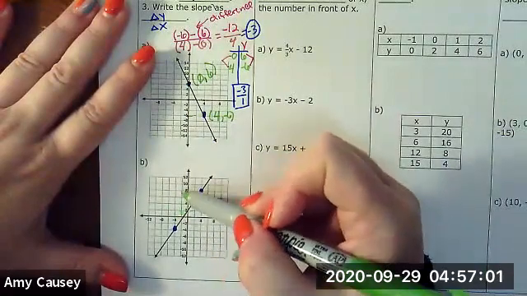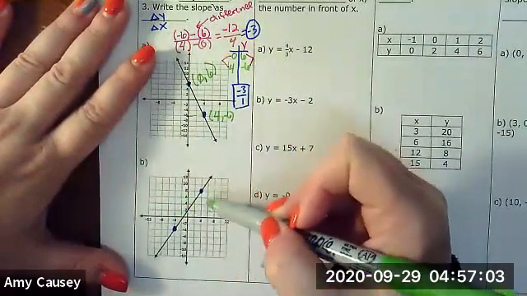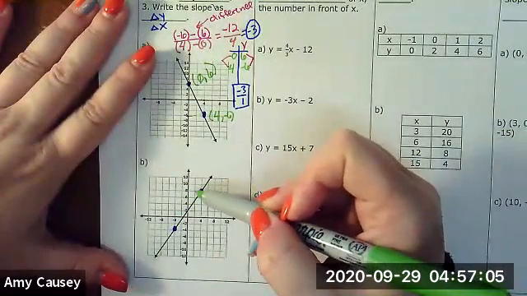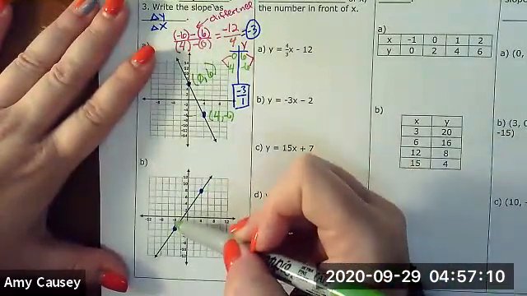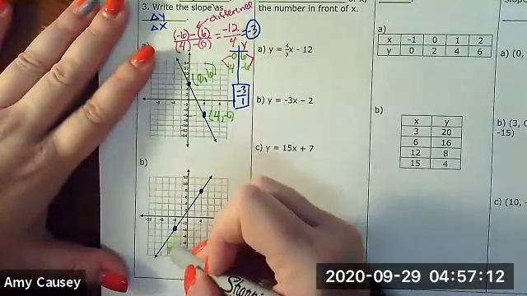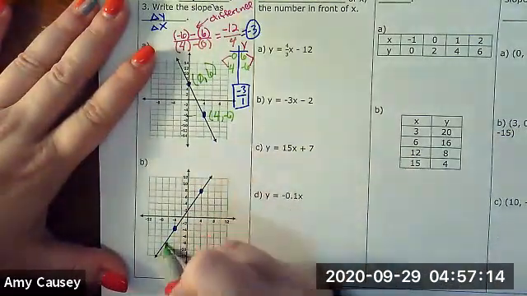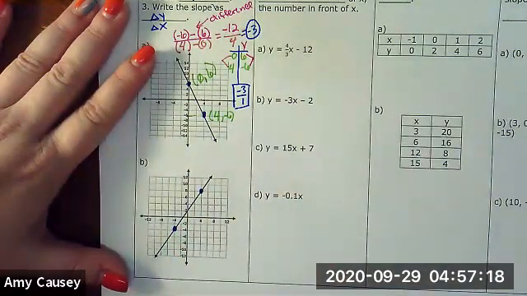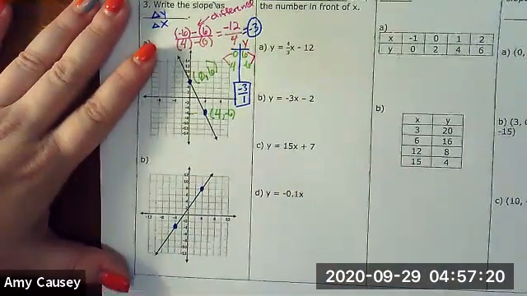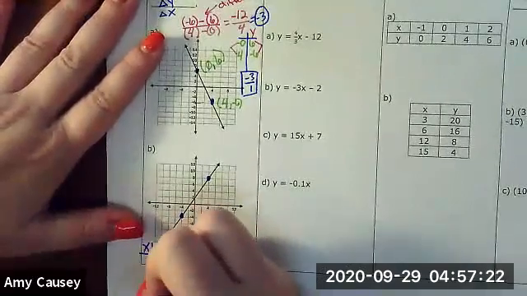So like here's a crosshair, here's a crosshair, here's a crosshair. Well, here's a crosshair that's on the line. So we can pick that point. I wouldn't pick this point, this right here, because it's not on the crosshair. So try to pick something there. Then I'm going to make a table of my points.